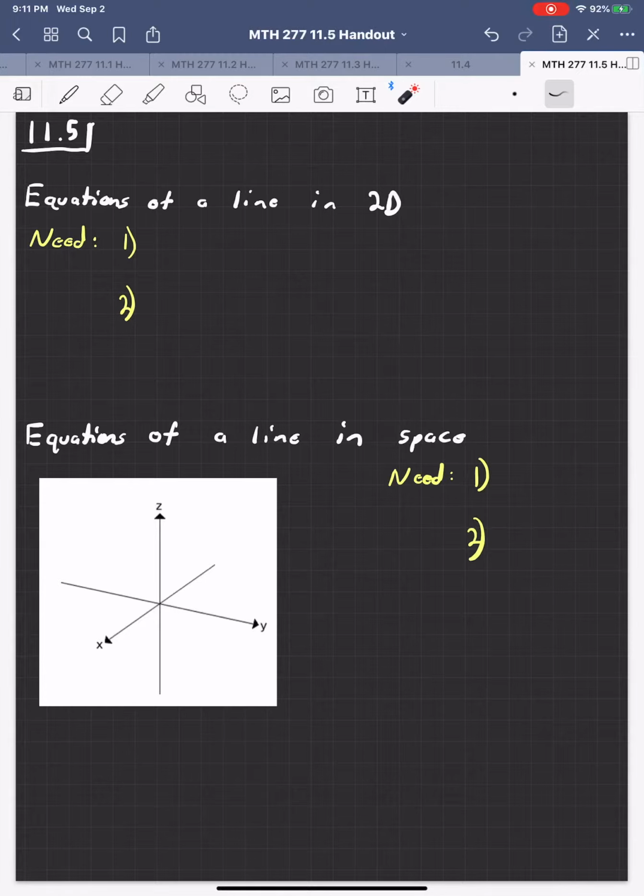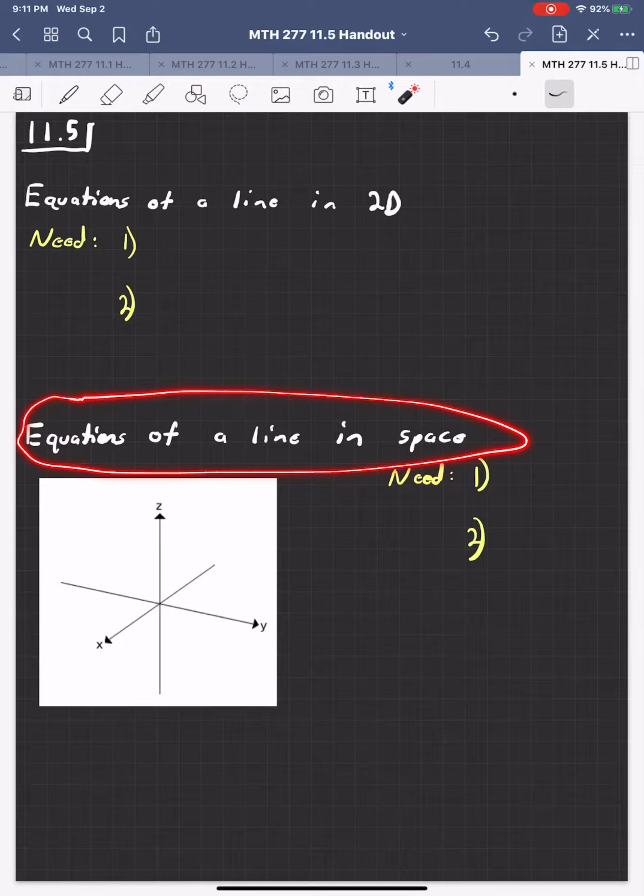So let me start with the goal right now. How do we find an equation of a line in space?